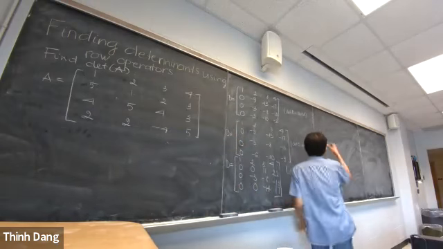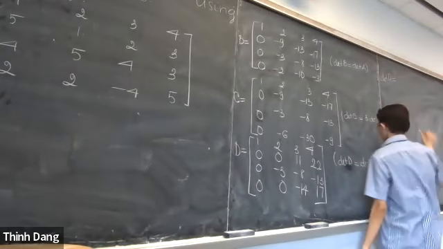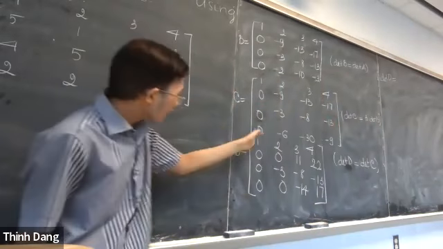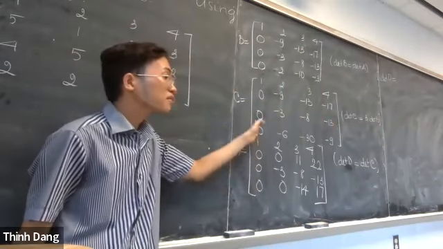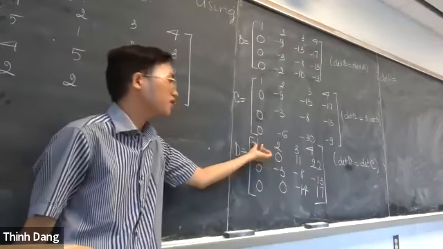Okay, so according to the definition, I'm going to calculate the determinant of matrix D. So I am picking the first column. So all the entries are 0 except for the first one.